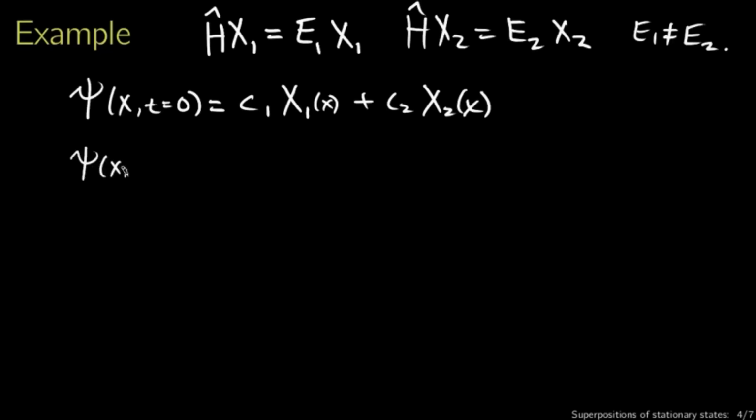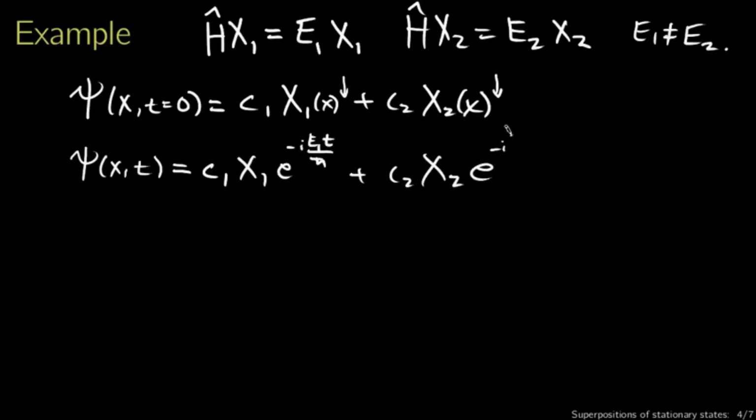What that means is that psi of x and some general time needs each of these spatial parts to have a time part inserted. So, c1 x1 e to the minus i e1 t over h bar, plus c2 x2 e to the minus i e2 t over h bar. These complex exponential time dependences come from the time part from our separation of variables. You can think of them as being here as well, just with time t equals 0, which makes both of these factors equal to 1.